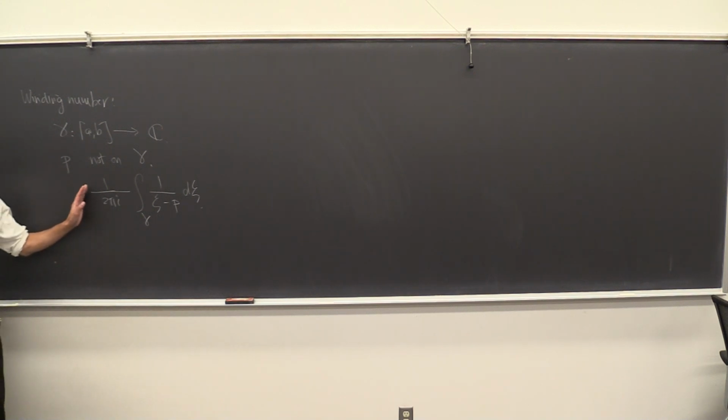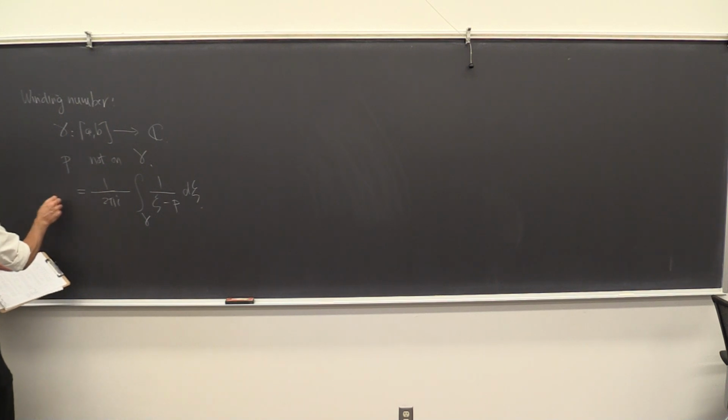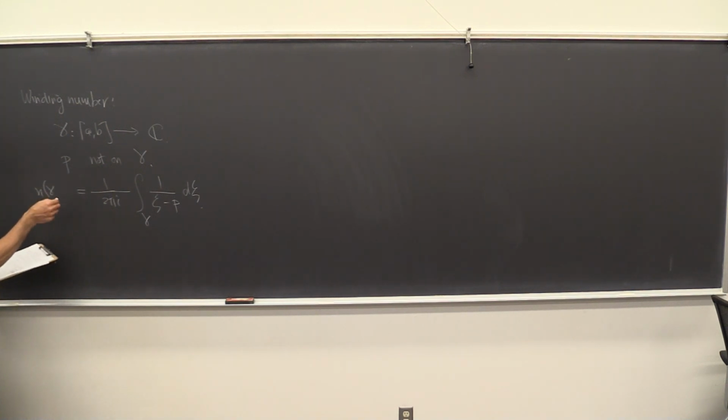We integrate this, and that turned out to give us some integer value, which we called the index or the winding number of gamma around p.